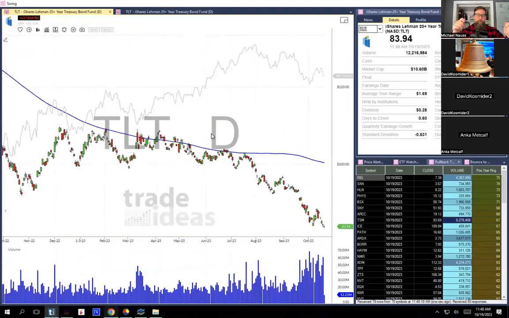So if TLT is moving lower, which it is now, it means rates are moving higher. If TLT is moving higher, it means rates are moving lower. And I don't think any of these companies are going to get a lot of relief until rates come down. So I hope that makes sense as an explanation for why a lot of these big blue chip staples type companies are getting killed. And I think they're going to continue to get killed.